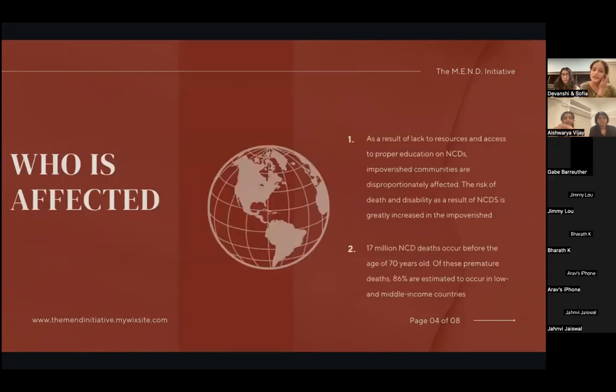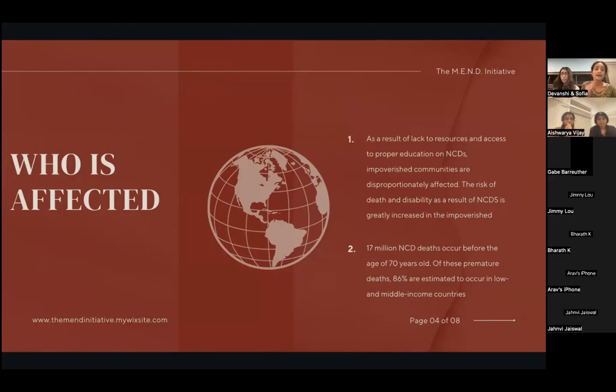NCDs are obviously international, but if we want to go into specifics, people who are impoverished are most directly affected by NCDs because they don't have access to the proper care and treatment that they need. We have a statistic here saying that 17 million NCD deaths occur before the age of 70.